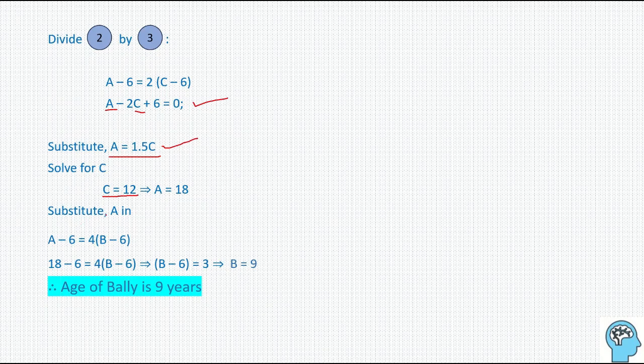Then you substitute the value of C again and you will get the value of A as 18.